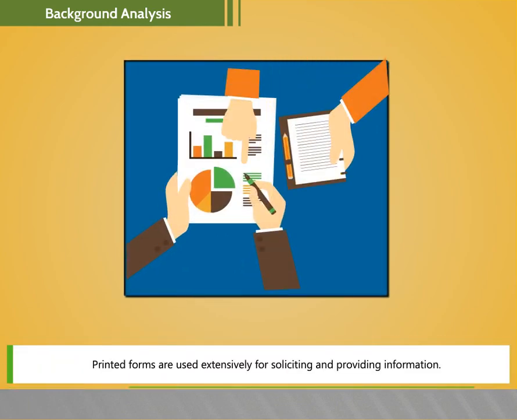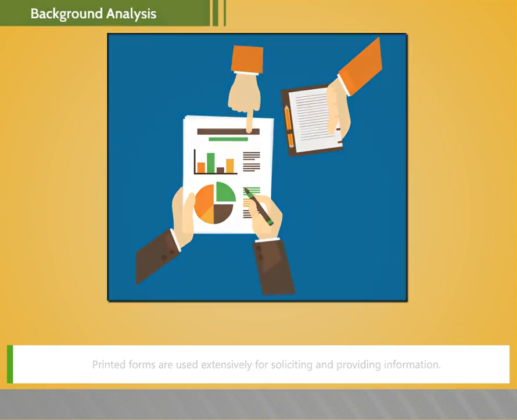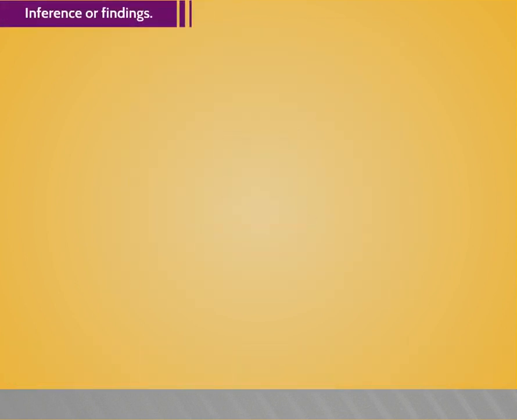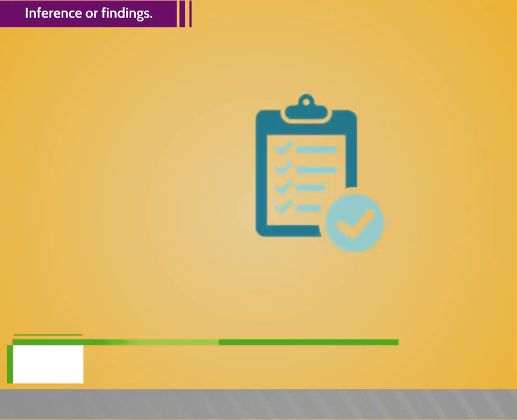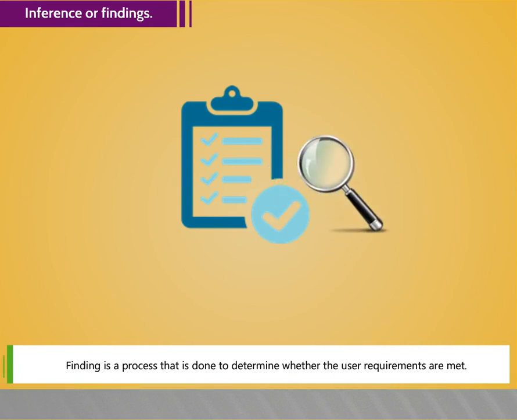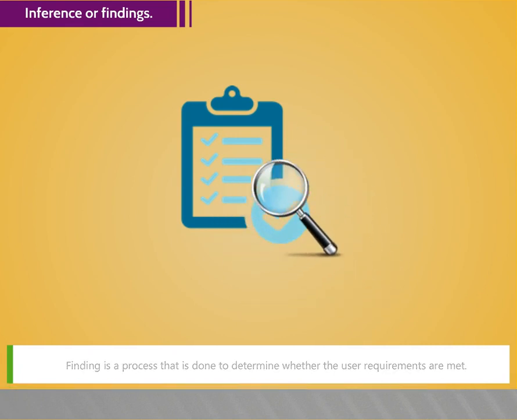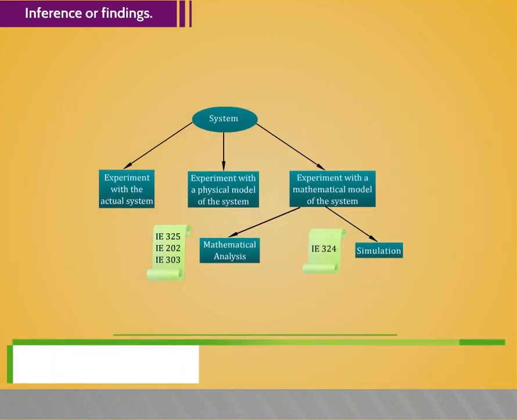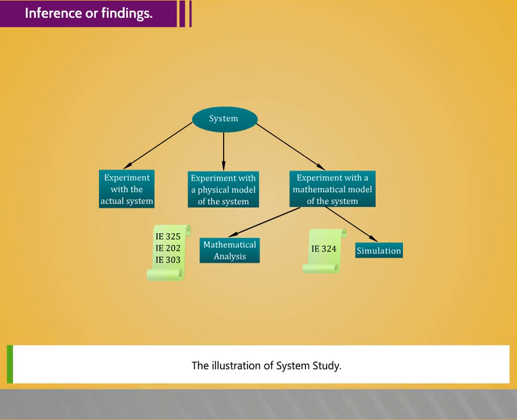Printed forms are used extensively for soliciting and providing information. Inference of findings. Finding is a process that is done to determine whether the user requirements are met. The illustration of system study.